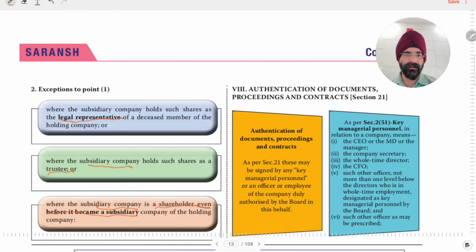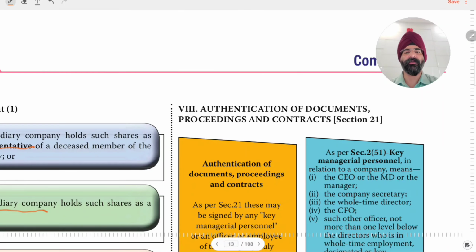Now, authentication of documents, proceedings, and contracts. Who can authenticate a document, proceedings, and contract? This is very important. A company secretary usually authenticates board resolutions or certain documents.